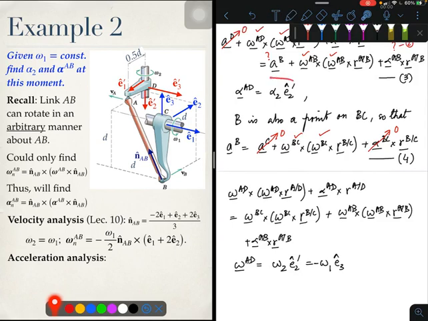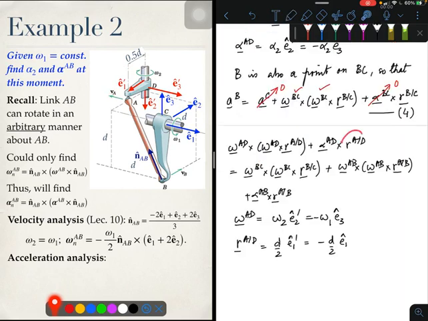We have already written down something for alpha AD. It is along the E2 prime direction, which I just said is along the negative E3 direction. RAD can be seen from the figure on the left to be D by 2 along E1 prime. E1 prime is along the negative E2 direction, so this becomes minus D by 2 E1. That's RAD.